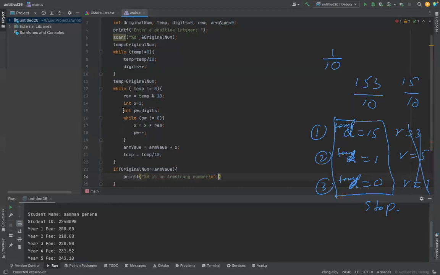And the percentage %t means that you entered value, the original number.